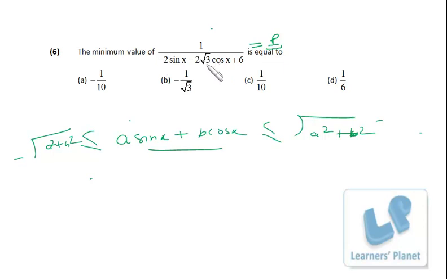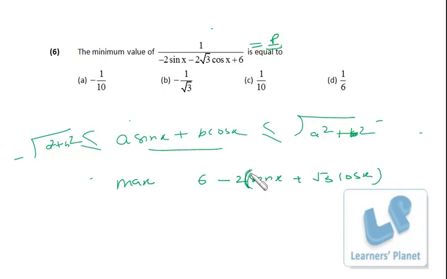The more the denominator, the less the entire value. So we have to find out the maximum value of 6 minus 2 times sin x plus root 3 cos x, taking 2 as common.